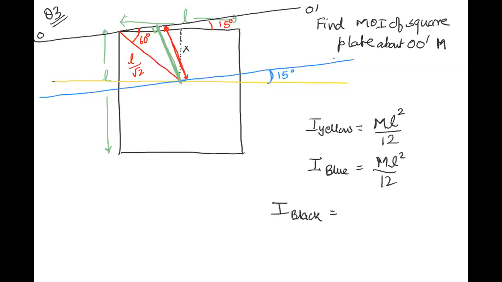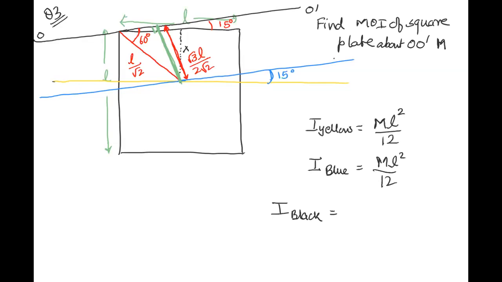फाइनल आंसर बताओ। So root 3 L by 2 root 2. Root 3 L by 2 root 2. Okay.